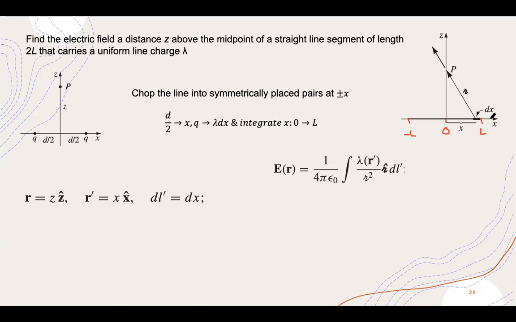So this dl prime is basically our dx. So this is dx, and this r prime is x times x cap, because this is a vectorial quantity, distance. So we have to consider that in the x direction, x cap is the direction, and in the z direction, we take z cap. Okay, so this is our formalism. Again, what we want here.